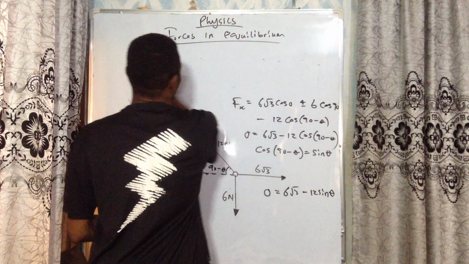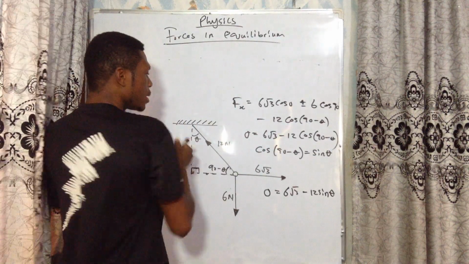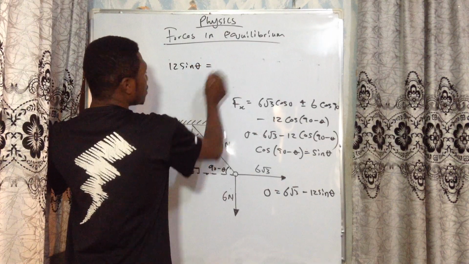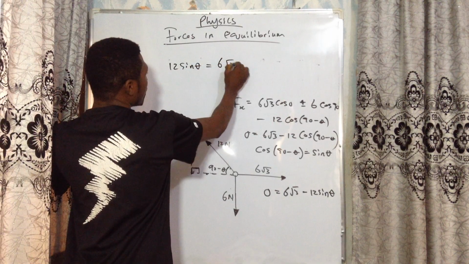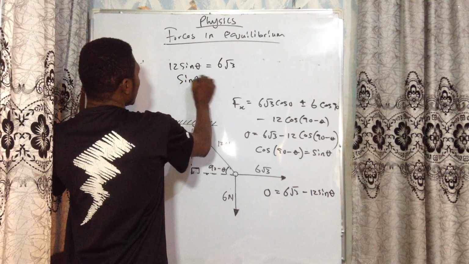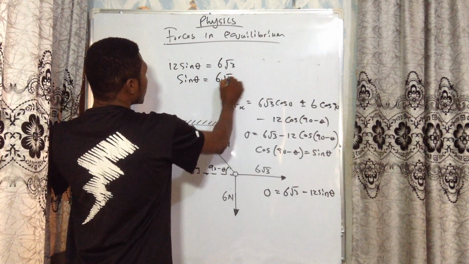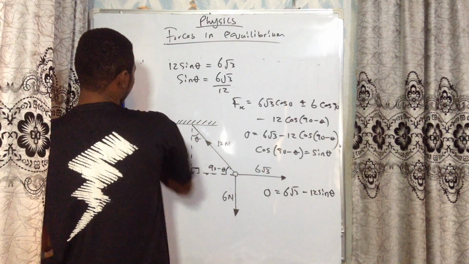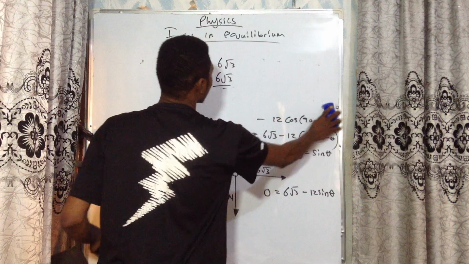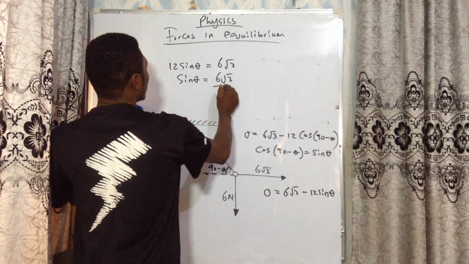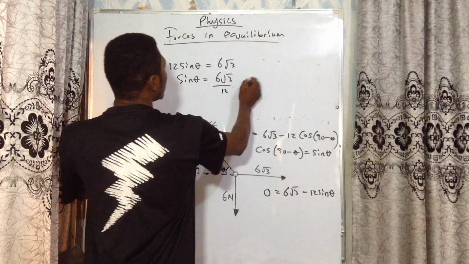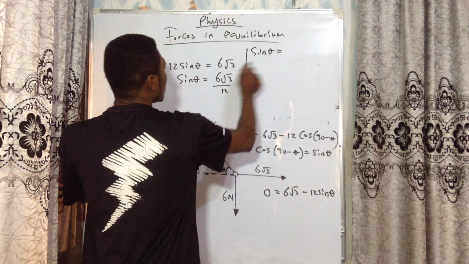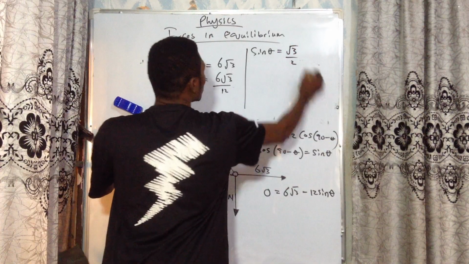So we now have 12 sine theta is equal to 6 root 3. Therefore, sine theta is equal to 6 root 3 over 12. Cancelling, sine theta is equal to root 3 over 2.